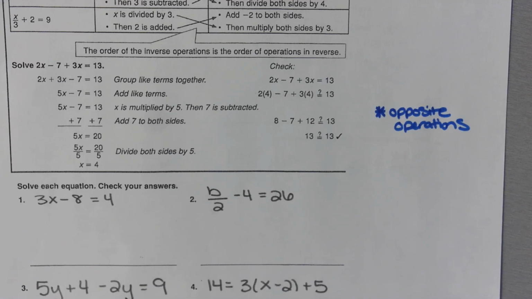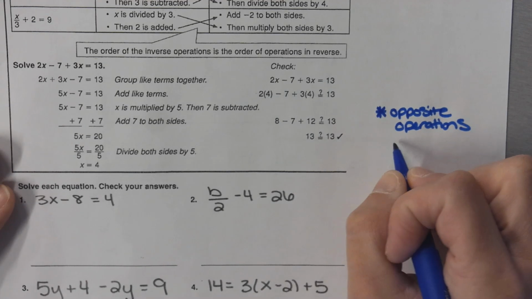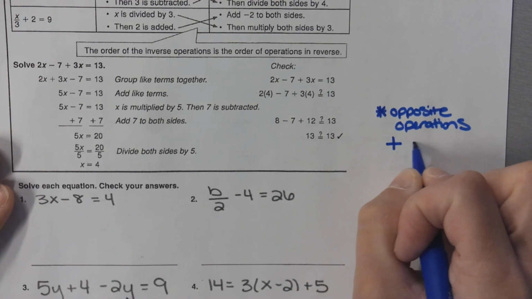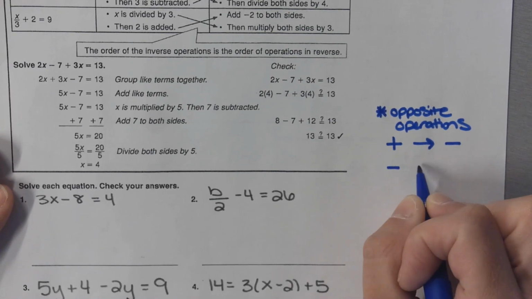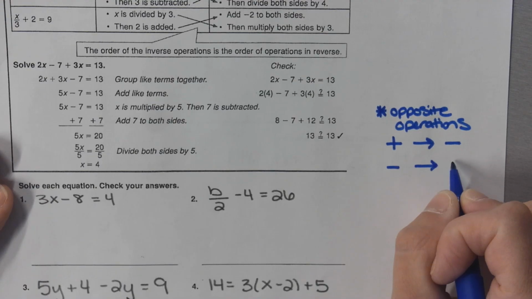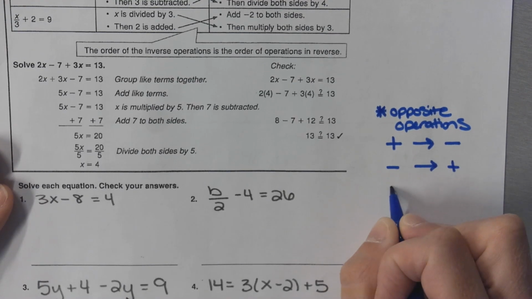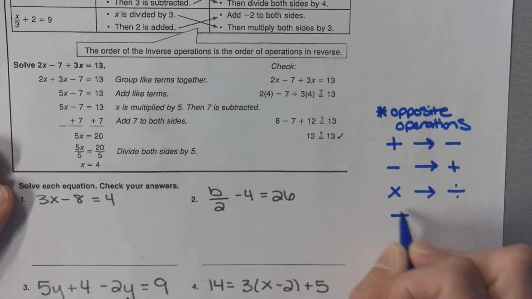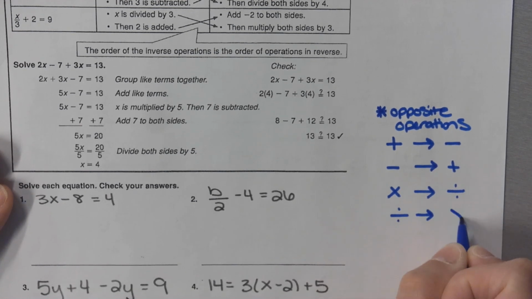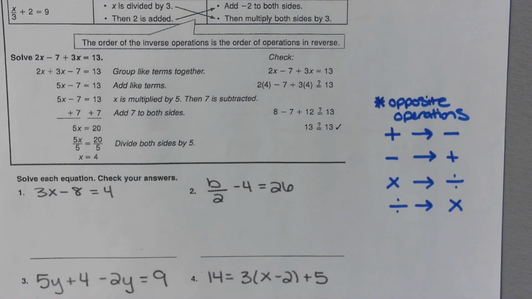If you have something that's being multiplied, the opposite would be to divide it. So if we have something added, the opposite is subtract. If I have something subtracted, what's the opposite? Add. If I have something multiplied, divide. And if I have something divided, multiply.